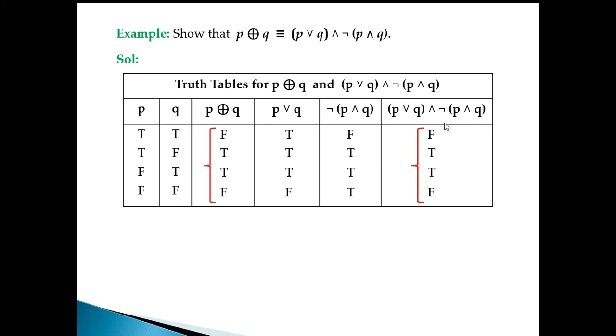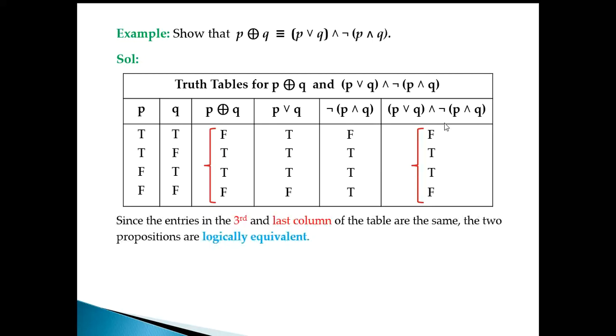So from this you can write that, since the entries of the third column and the last column are the same, these propositions are logically equivalent. Clear? And from this you can see that we can simplify this XOR in terms of or and negation, like that.